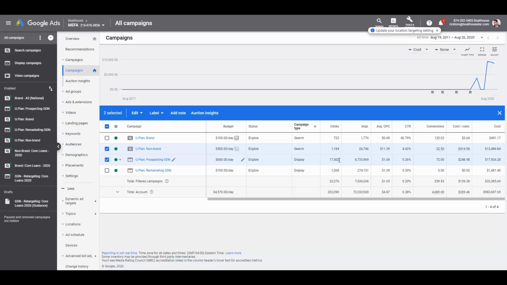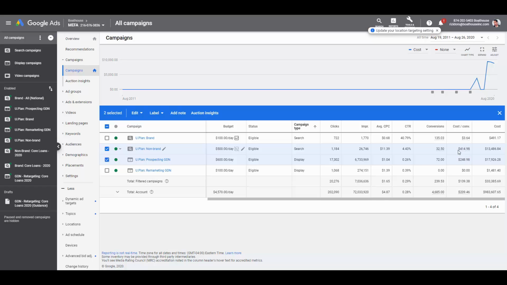But if you look at the number of clicks, it took 17,000 clicks, while the search campaign only took 1,184 clicks. So it takes way more clicks for a GDN campaign to convert, right? Super normal, but it doesn't matter because what we look at is the conversions. Is it converting and is it converting efficiently?